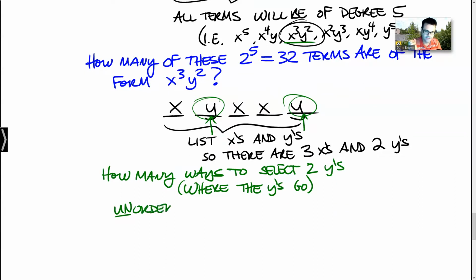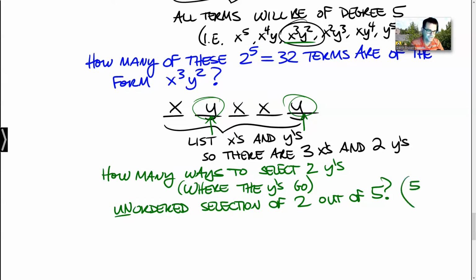How many ways can I make an unordered selection of 2 out of 5? Well, we just answered that. It's 5 choose 2. And there's your answer why that's the coefficient. 5 choose 2 is equal to 5 times 4 over 2 times 1, which is 10.